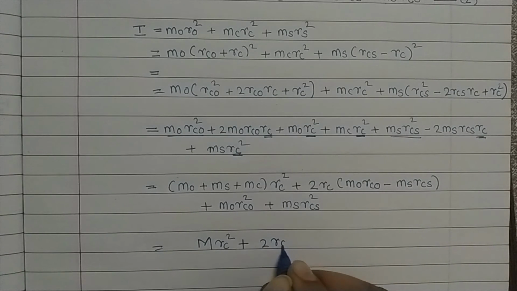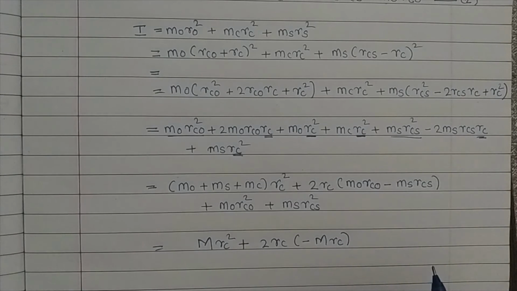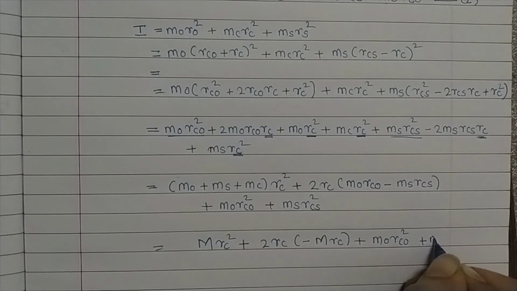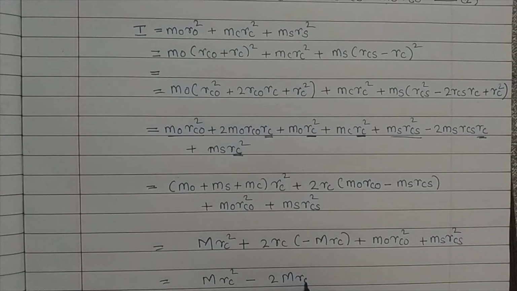So writing here minus MRC. What will we remain? Plus MO RCO square plus MS RCS square. Is it okay? Now solving it, MRC square minus 2MRC square plus MO RCO square plus MS RCS square.